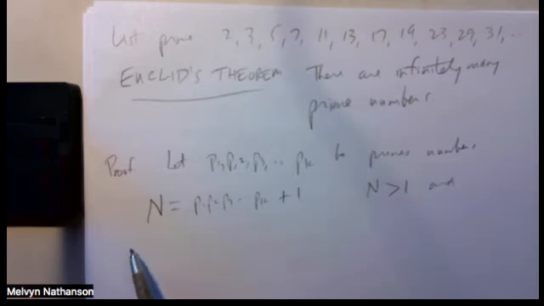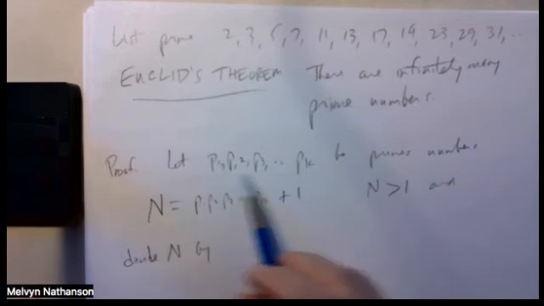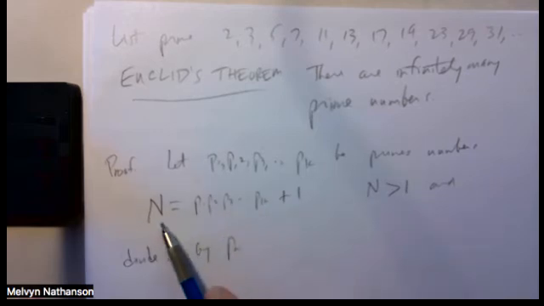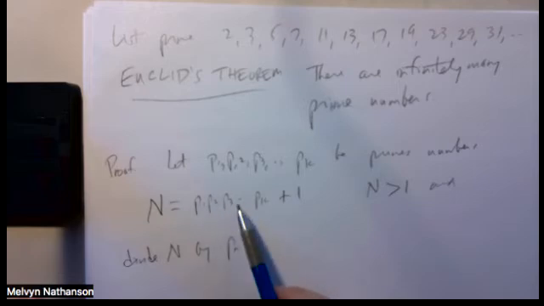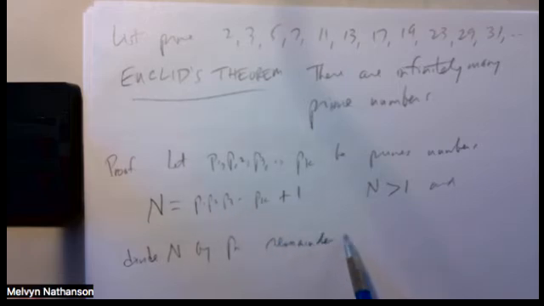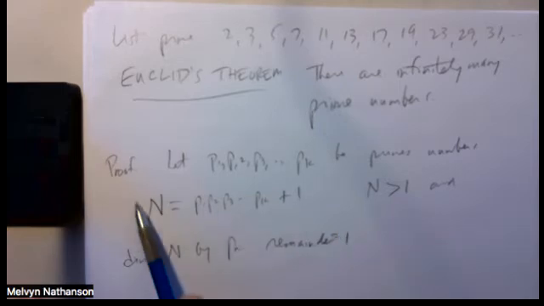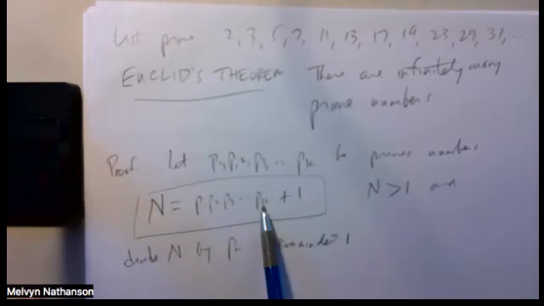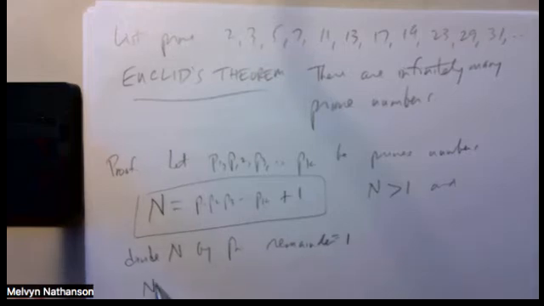And if you divide n by one of these primes, n is something times a prime, because it's one of these, you get a remainder of 1. So if you divide this number by any one of its primes, the remainder is 1. So n is not divisible by any of these k primes.